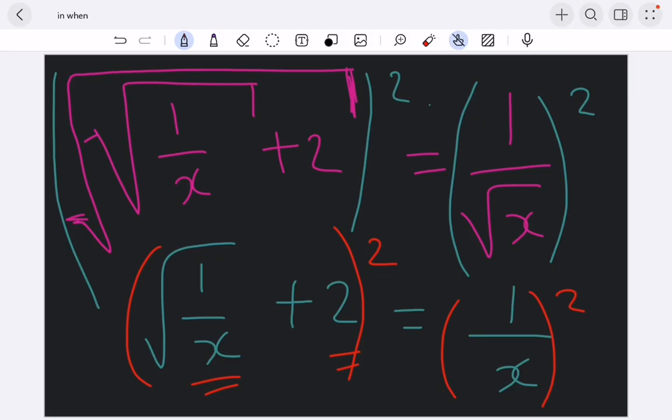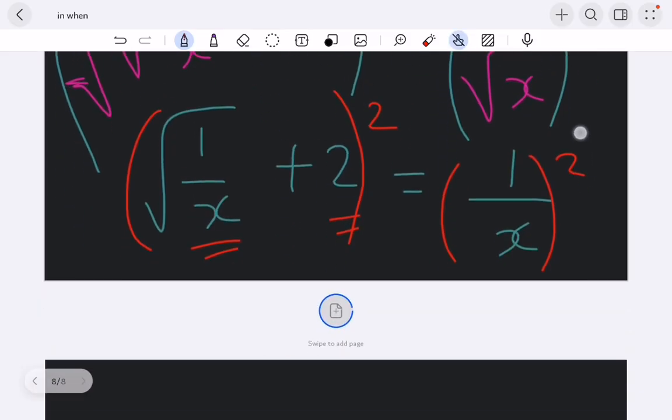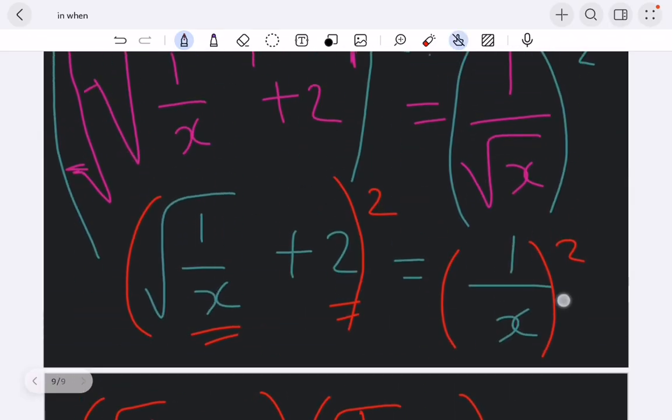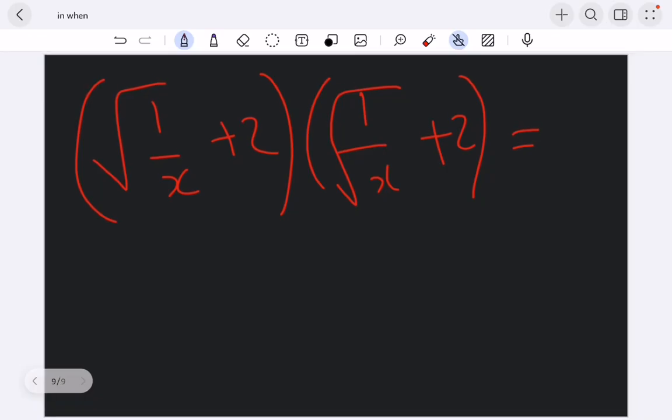Okay, so this one here will give us 1 over x plus 2, and then we're going to have another 1 over x plus 2 is equal to 1 over x squared. Okay, 1 over x squared.